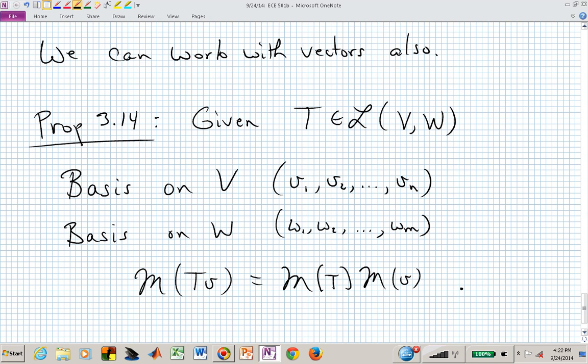V is just some representation or linear combination of the basis vectors V1 through V sub n. Questions on matrix multiplication and matrix vector multiplication? That's just what you're used to doing.